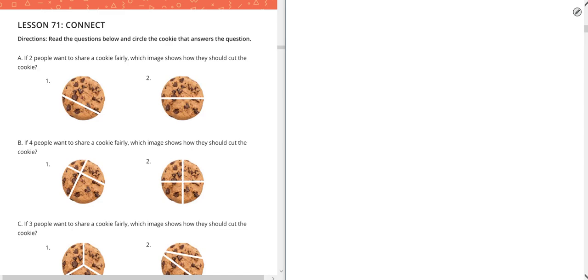If we have one pizza and want to share it fairly among two friends, we must divide it into two equal parts.